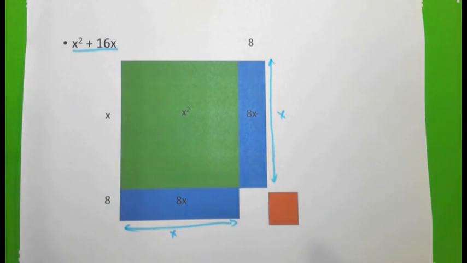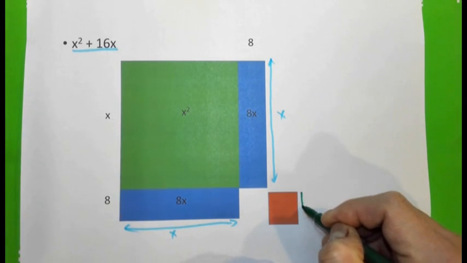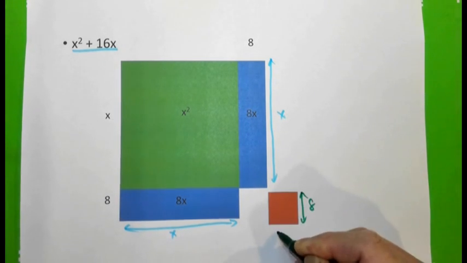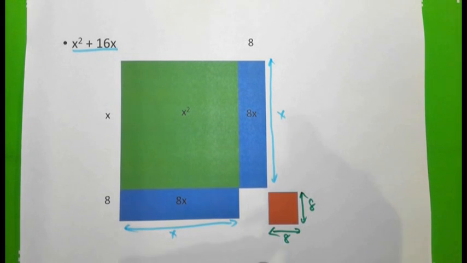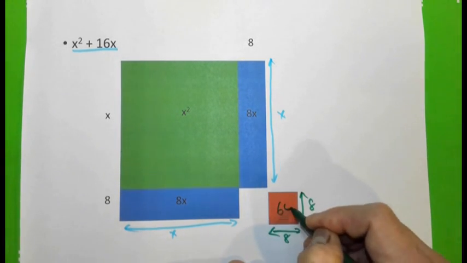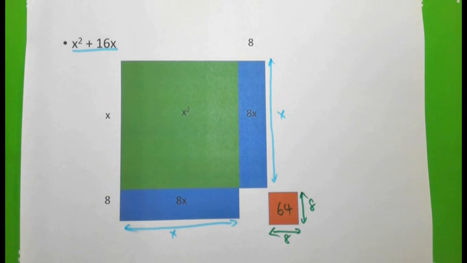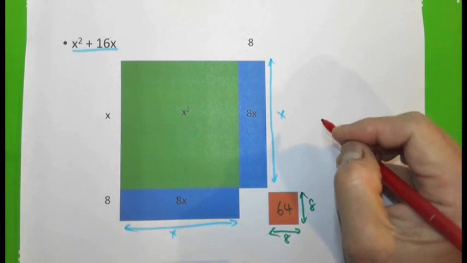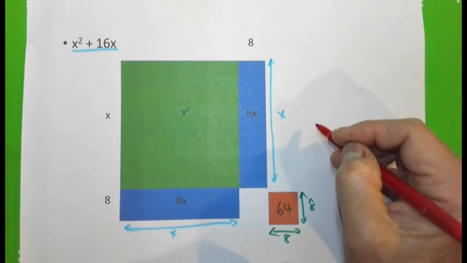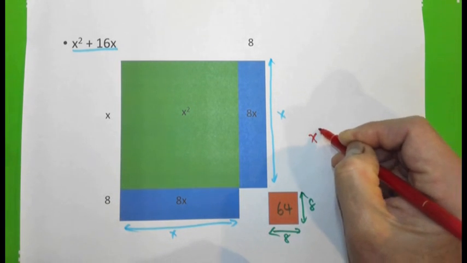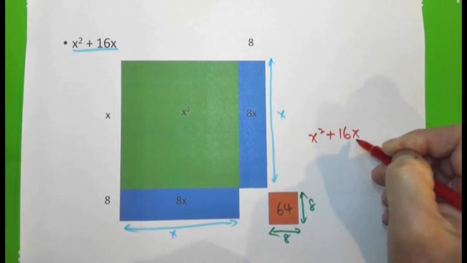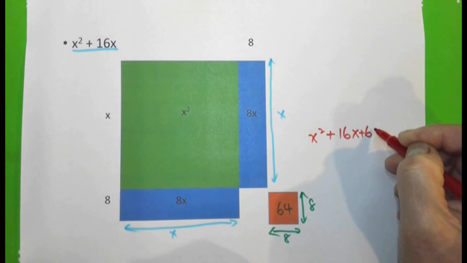So in order to complete the square, what do we need to do? We need to add in a red square, which is 8 by 8. And the area is actually 64. So therefore, in order to complete this square, we actually have to add in 64, and therefore, this is the product of completing the square.